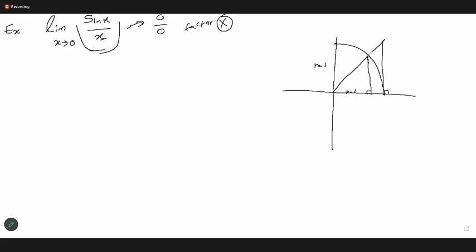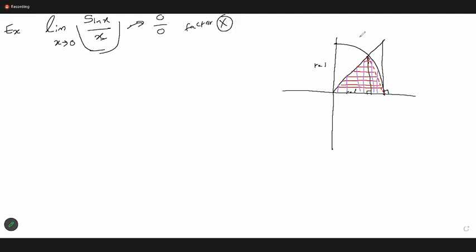So we use another color. Okay, now I'm going to use this triangle and this sector, as well as this big triangle.